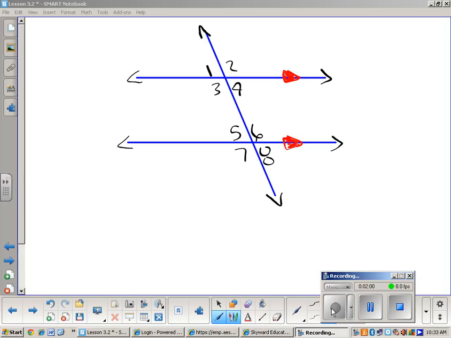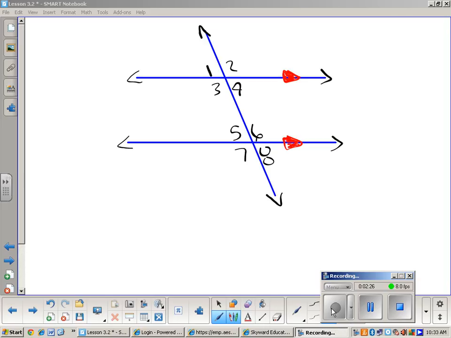Up here I have a drawing with two parallel lines, and we have numbered angles 1, 2, 3, 4, 5, 6, 7, and 8. This will be a review from the last section: we're going to start off with parallel lines. Who can give me an example of corresponding angles?